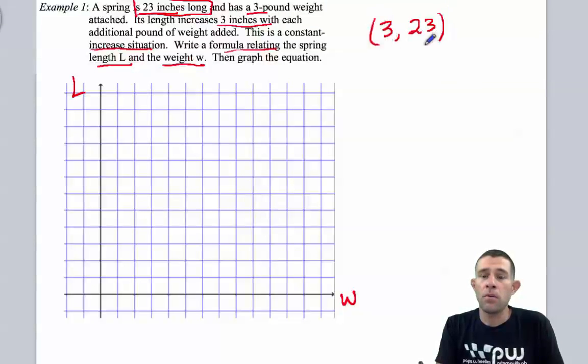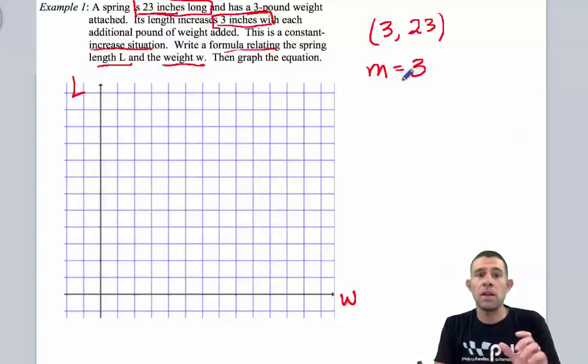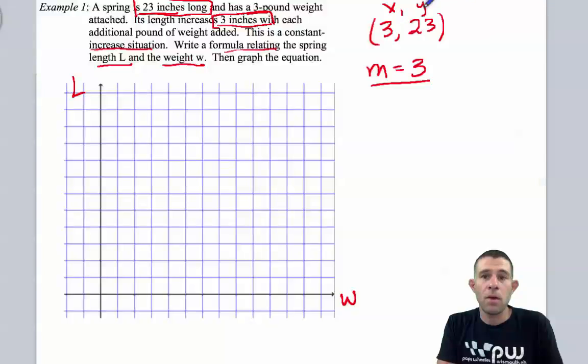So I know the point (3, 23) has to be on this linear equation. Now I also know that the slope of this line is 3 because my rate of increase for each one additional pound is 3 inches. So I have a slope and I have a point x1, y1, and now I can use my point-slope form to find the equation of this line.